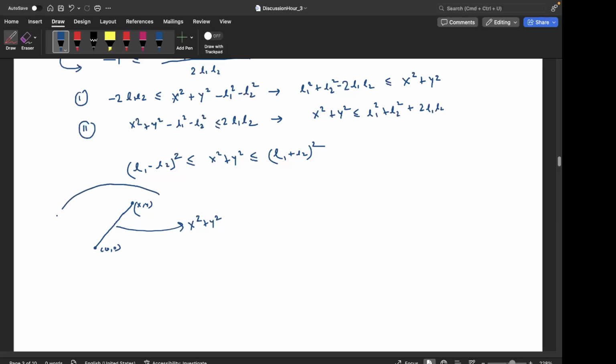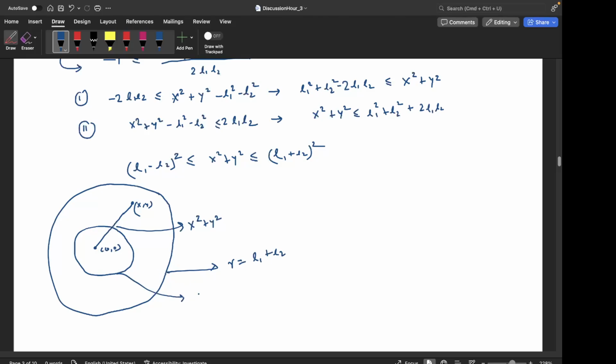So, right, and the other is this circle, right? So this radius is equal to L1 plus L2, and this radius is equal to mod of L1 minus L2. Why am I using mod?